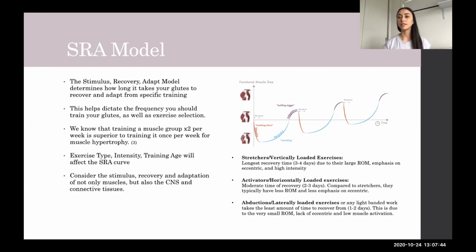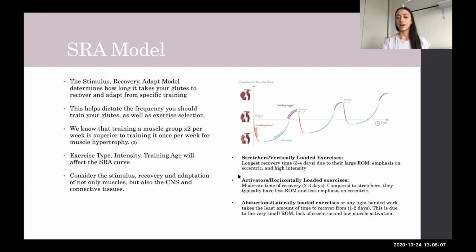This is because they have a really large range of motion. They have that eccentric emphasis, so they're loaded under that eccentric portion. We know that they beat you up a lot more, you'll get a lot more sore. They also fry your CNS a little bit more. And if you're working those lower rep ranges, then you'll be beating up some of your connective tissue as well.